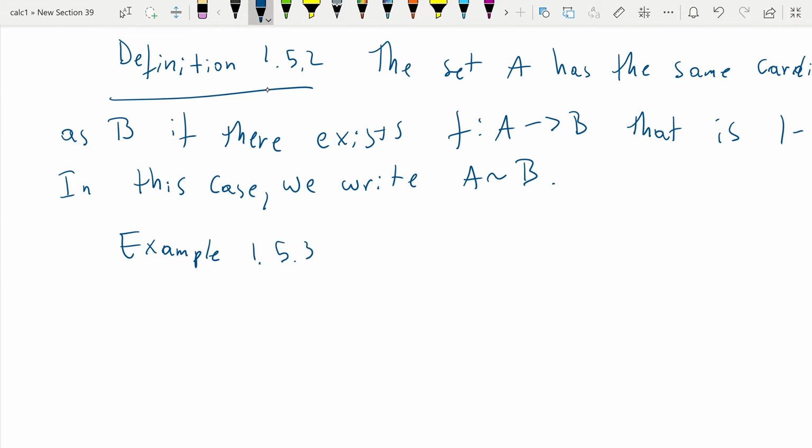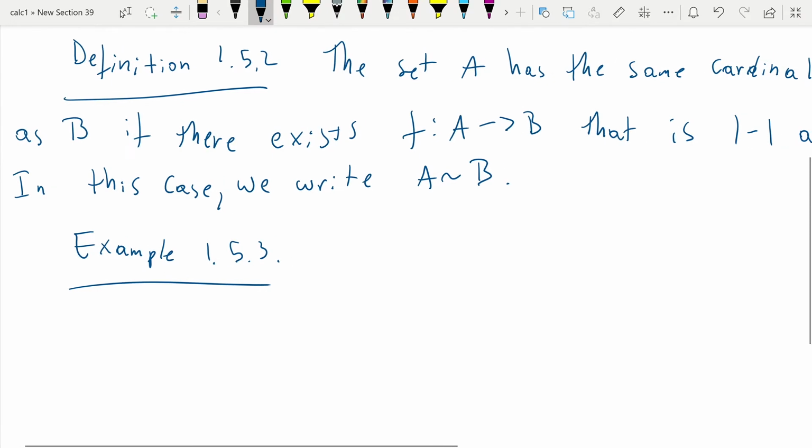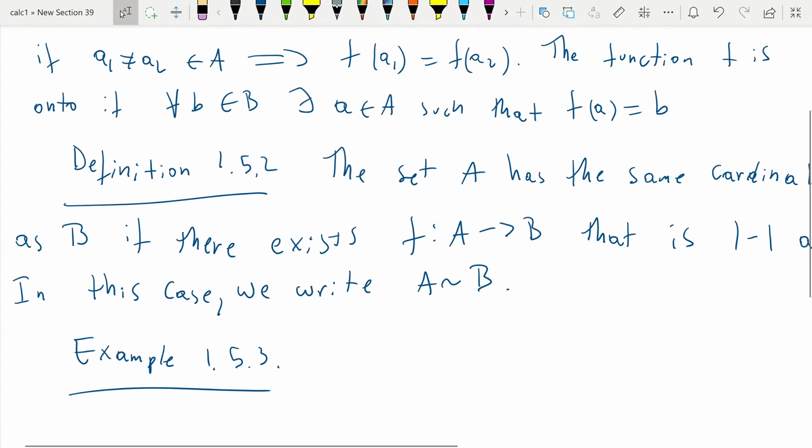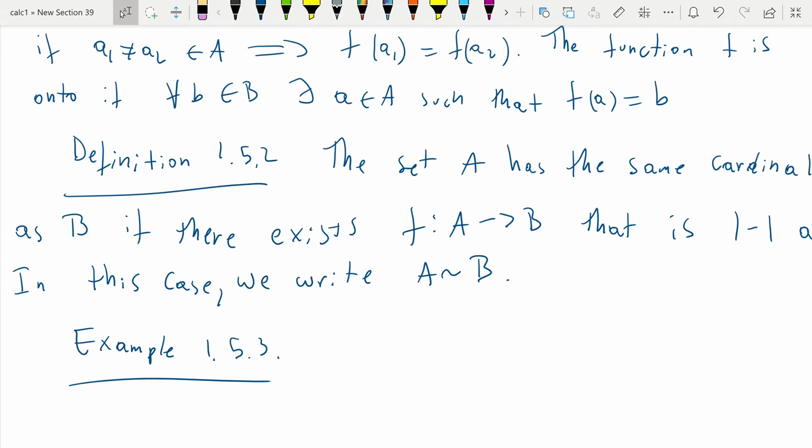Well, in fact, before going over this example, let me just point out again, this is really a generalization of the concept of cardinality for finite sets.